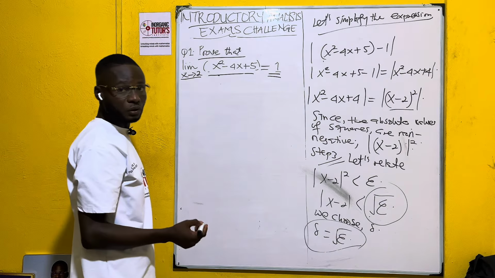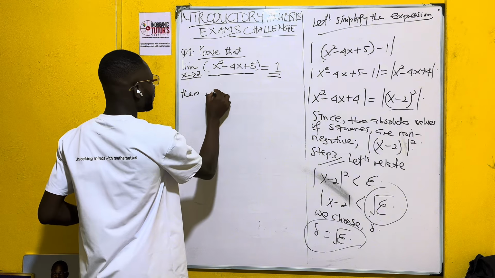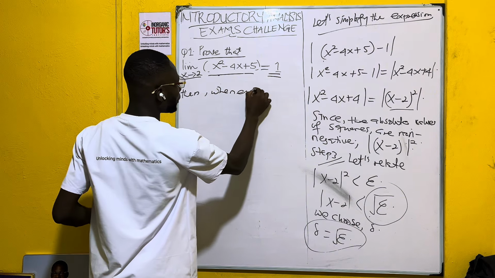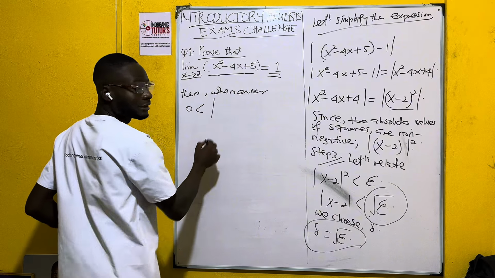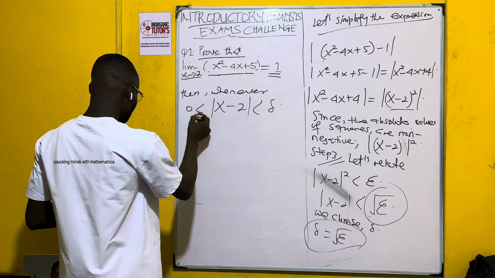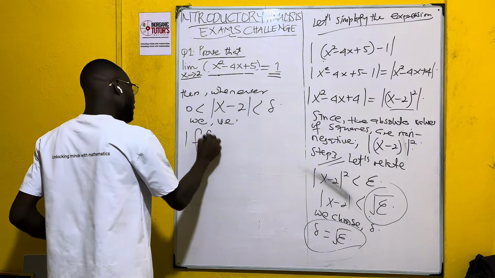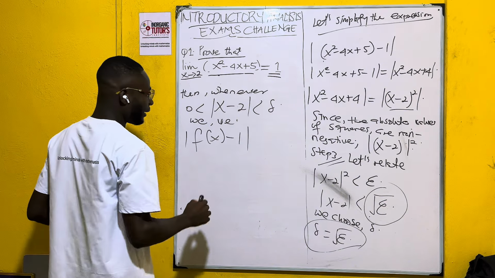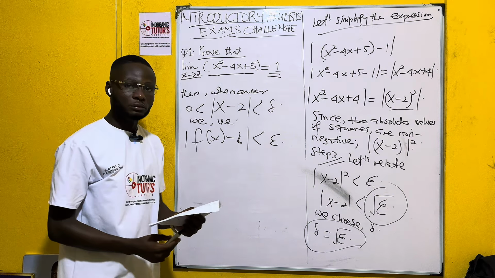So if delta is equal to square root of epsilon, then whenever 0 is less than absolute value of x minus 2 less than delta, we can have the absolute value of the function minus the limit, which is 1, to be less than epsilon, right?